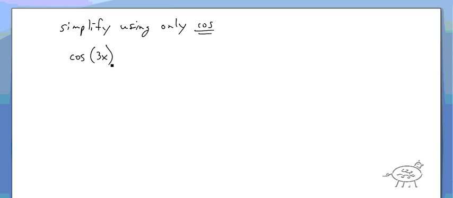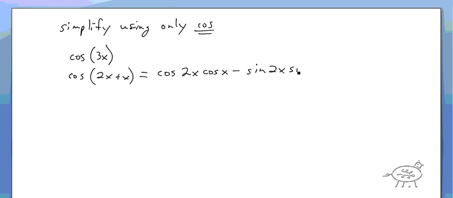So we're going to do the same thing here. This is the same thing as cosine of 2x plus x. So I can write this out using my sum formula for cosine. That's the same thing as cosine of 2x cosine of x, opposite sign, sine of 2x sine of x.